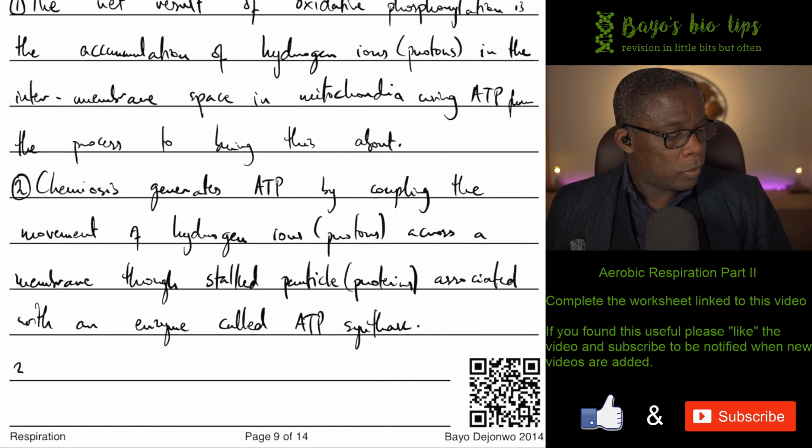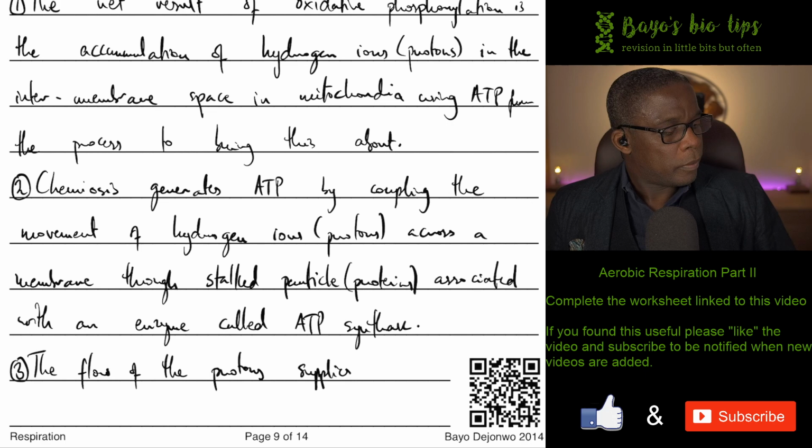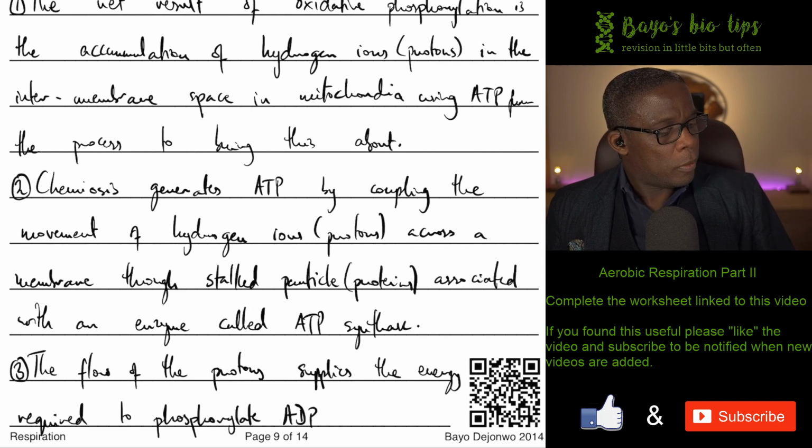So let's put that down as the last point. The flow of the protons supplies the energy required to phosphorylate ADP to ATP.